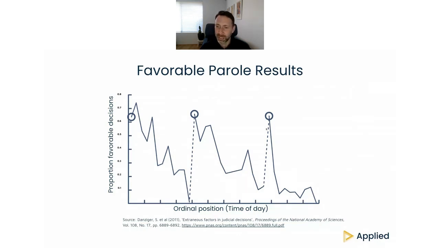And look at towards the end of the day, you get this final spike after this break or meal, and it almost immediately drops off to very low as they're tired from the entire day. And I was amazed the first time that I saw this study, simply because judges, as you know, in our society, are highly trained decision makers that are supposed to take decisions or judgments objectively.